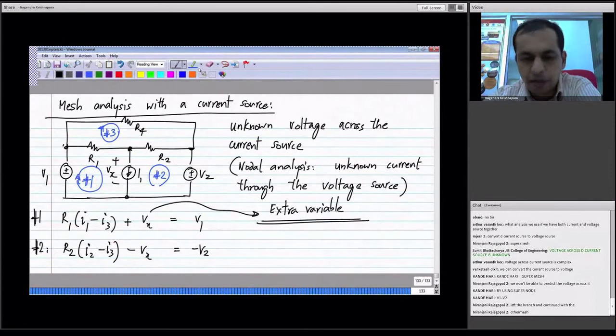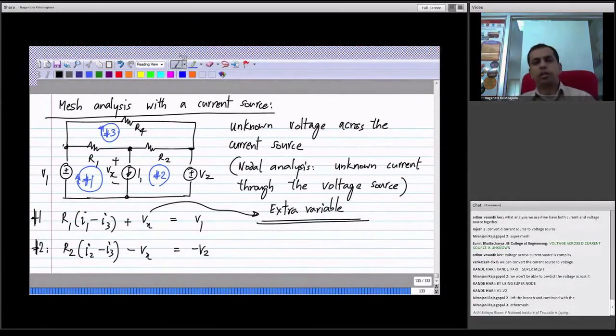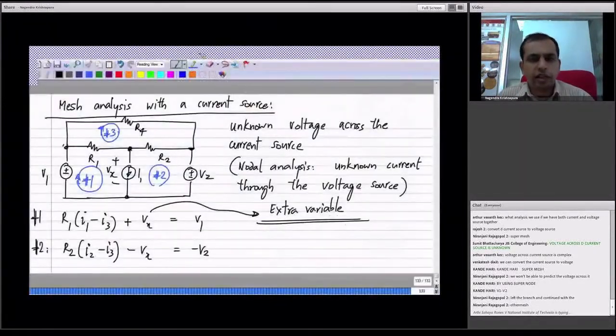So where do we get the extra equation from? My question is, by defining the voltage across the current source to be Vx, we have got an extra variable in our set of equations. To solve for it, we also need an extra equation. So where is the extra equation?